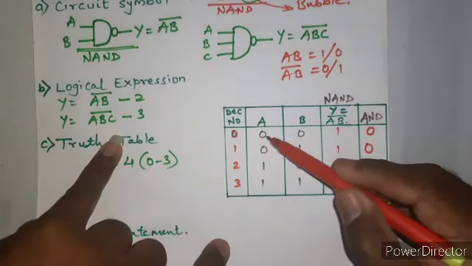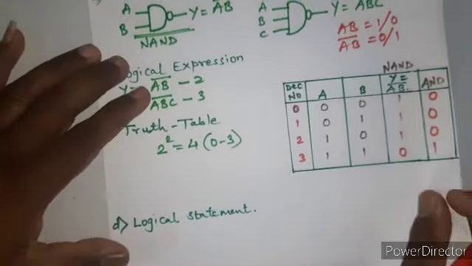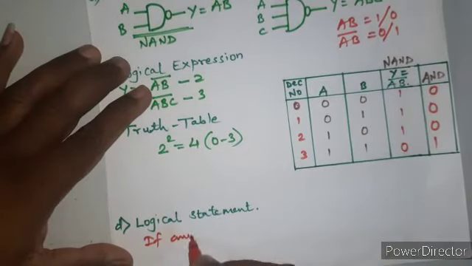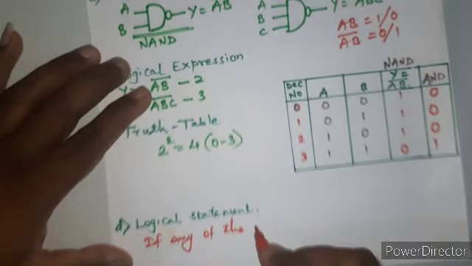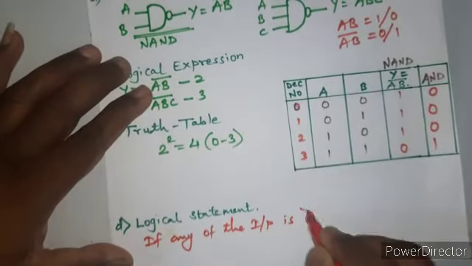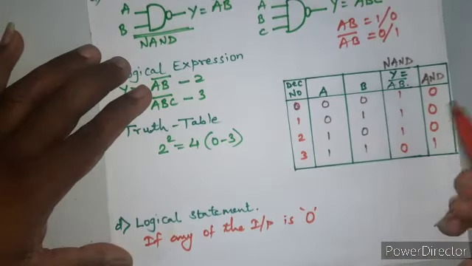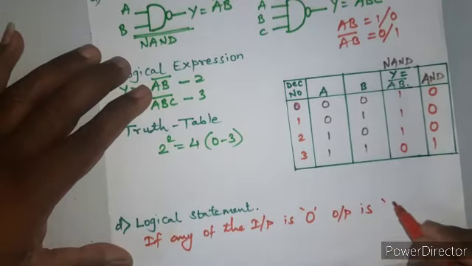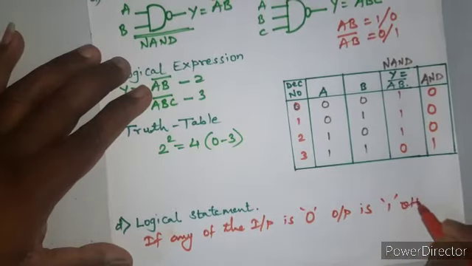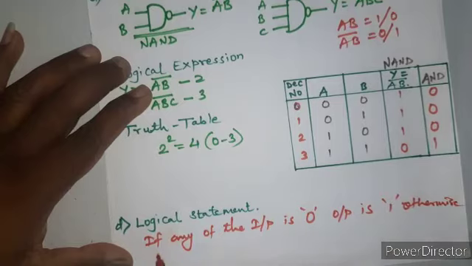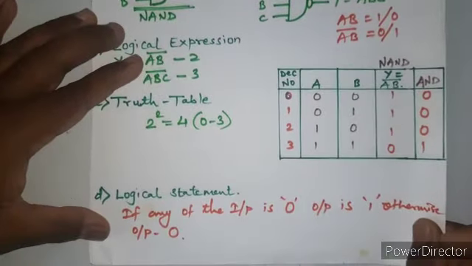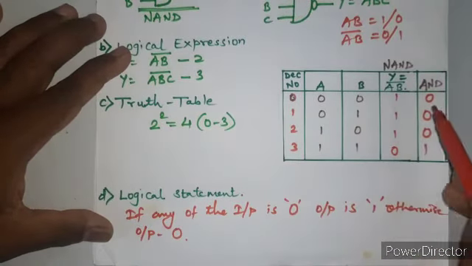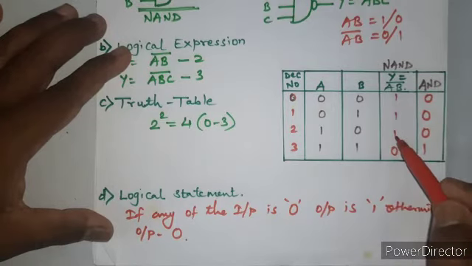If any of the input is 0, you can see if any of the input is 0, output is 1, otherwise output is 0. Because this is exactly opposite to the AND gate, right? And this is whole bar.